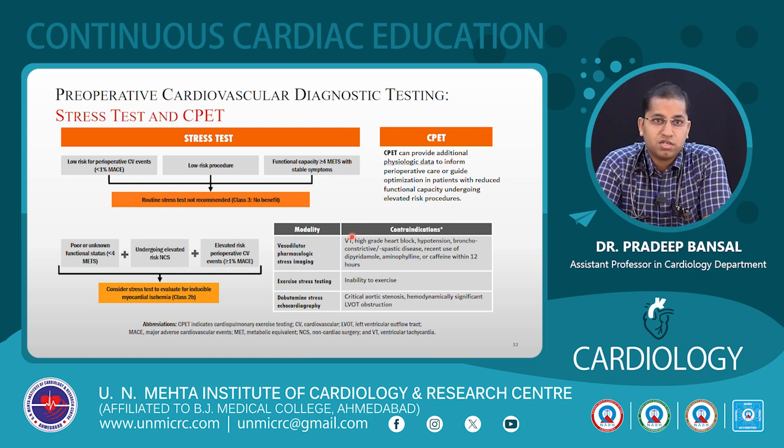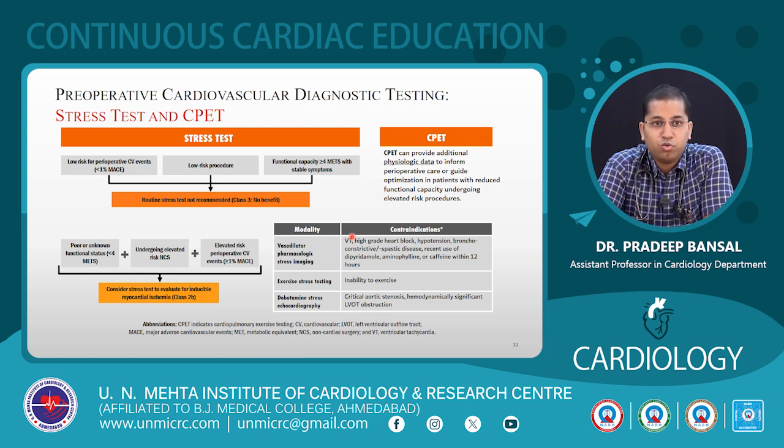Next diagnostic testing is stress testing and CPET. For stress testing, if the patient undergoing surgery has low cardiovascular risk, like less than 1% MACE according to the risk calculator, the procedure is also low risk, and the patient has functional capacity of more than 4 METs, then there is no recommendation for a stress test.